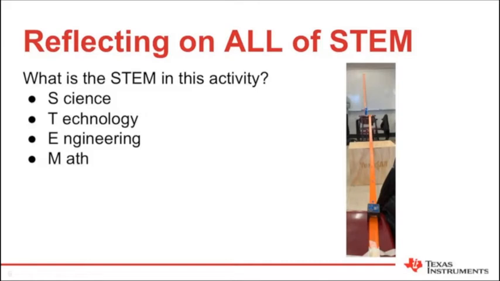A measuring tool is a type of technology, even though it's low tech. We actually had to build the track. Exactly right. Some of them were going with extreme curves, and they realized that their car was flying off every single time. And so going back in and making those revisions to make sure that the car could complete the track was really, really important.